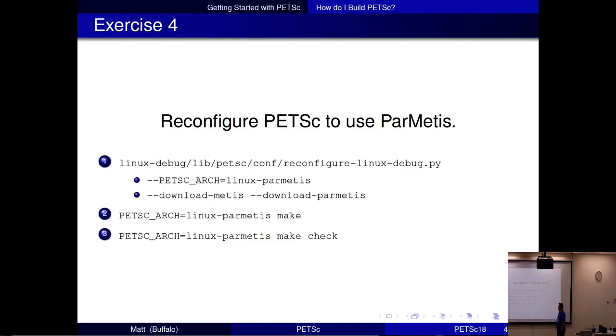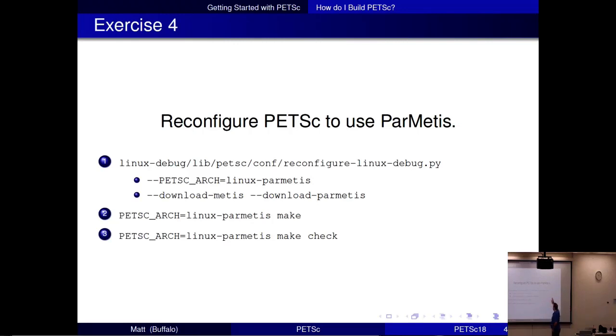As I said, it's really pretty easy to take a configuration and modify it. So if you decide, oh, everything's working, and I was pretty happy, but then I wanted to go parallel. So I have a running serial thing, I want to go parallel. Now I need a mesh partitioner. I didn't configure with that at first.